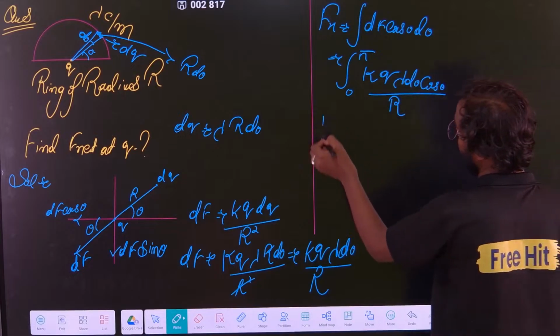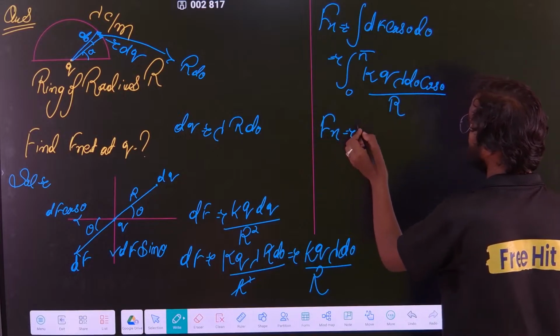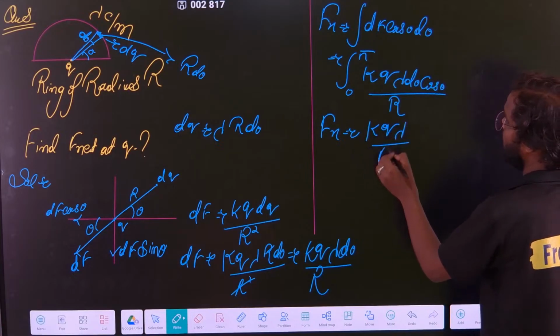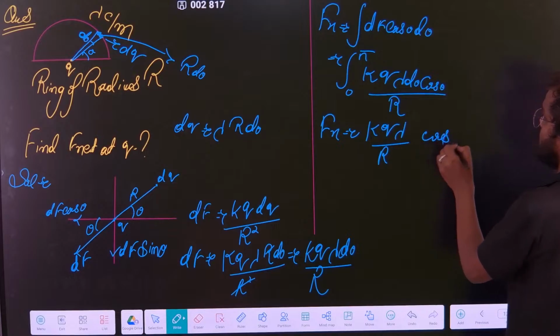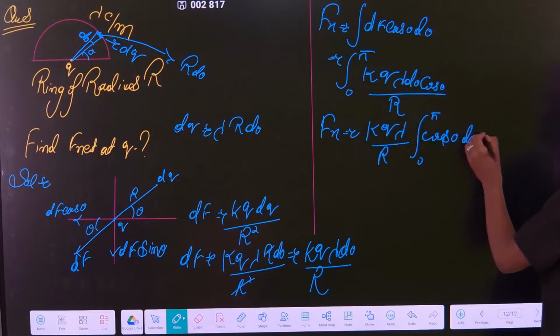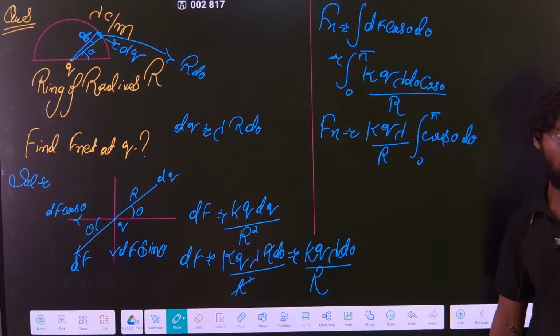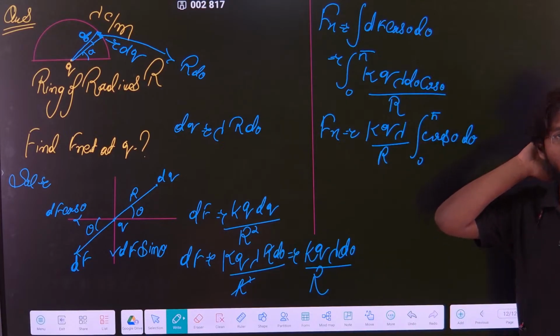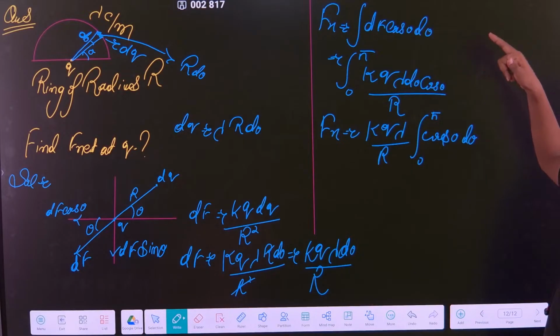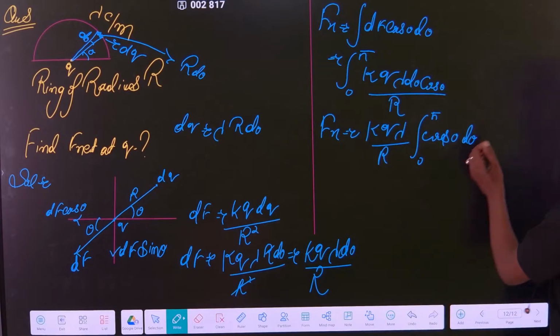Clear? This is my f horizontal. Now take all the constants aside, so you will get lambda upon r into the integration of cos theta d theta from 0 to pi. What is the integration of cos theta between 0 to pi? Integration of cos theta is sin theta, and sin 0 is 0, and sin pi is also 0. So this value will become 0.